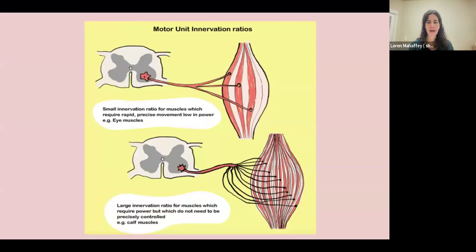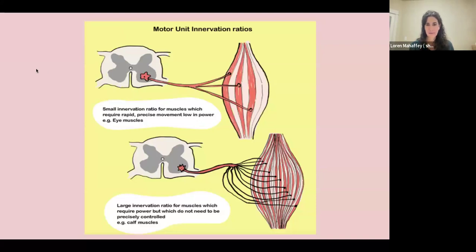Muscles that perform fine, coordinated control have very small motor units with a small number of branches from each neuron to the muscle fibers and therefore control output more finely. Examples of that would be how we move our eyes, and the coordination that we have in our hands, which is controlled by small motor units.